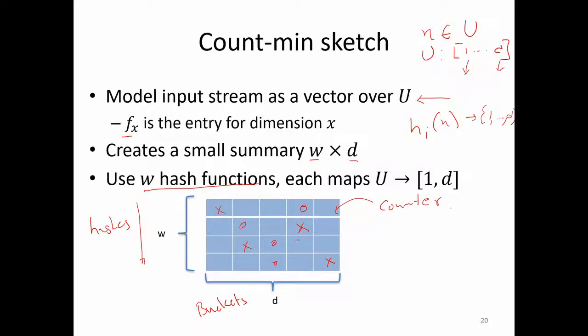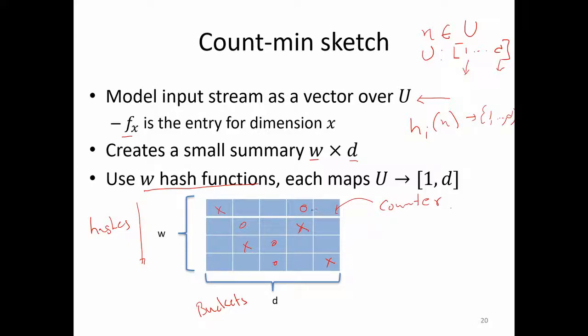So every item is represented as a W dimensional vector. But there can also be collisions. The collisions will not be the same, but there can be some collisions.